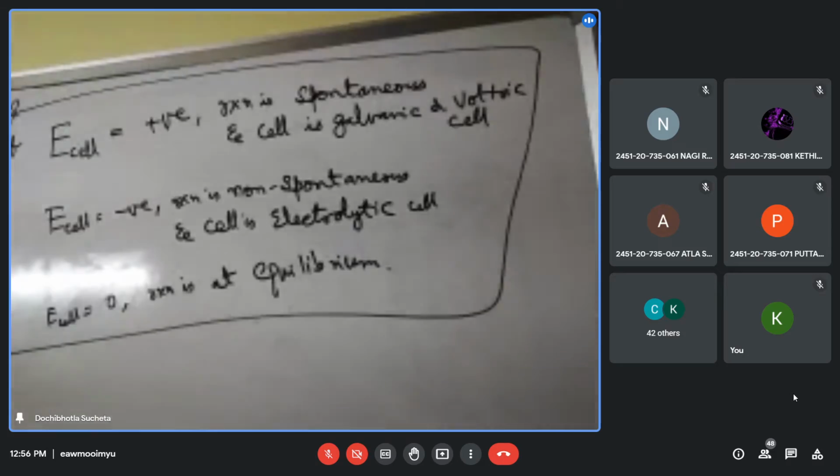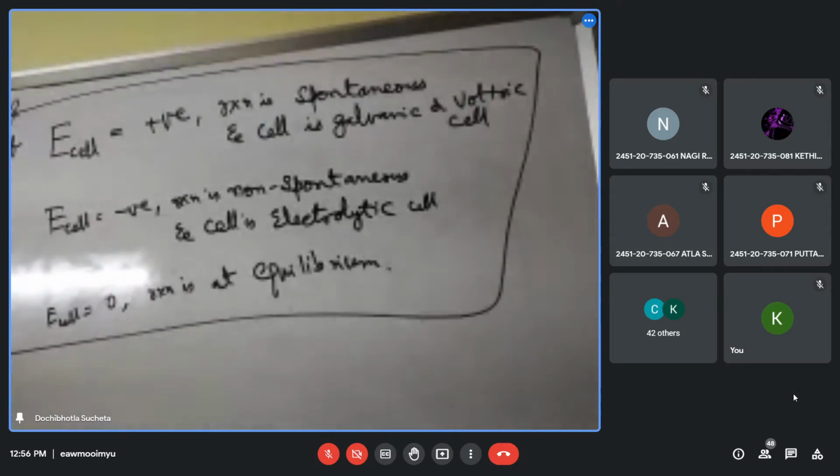The cell reaction is irreversible, and the batteries are called primary cells. Okay, is the point clear to you all? So that is about reversible cells and irreversible cells.